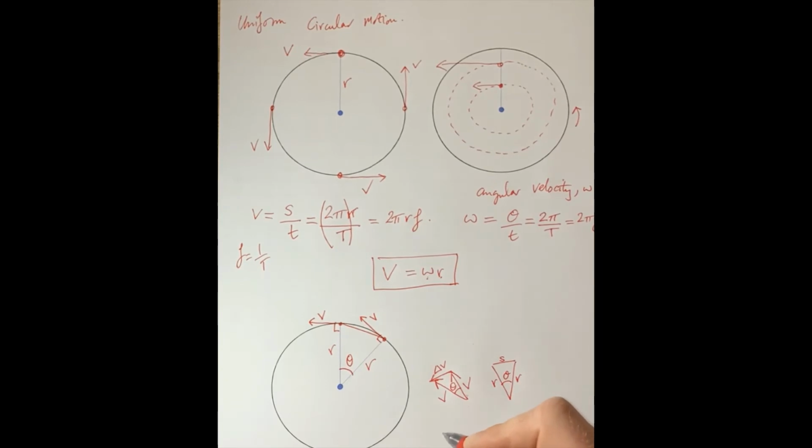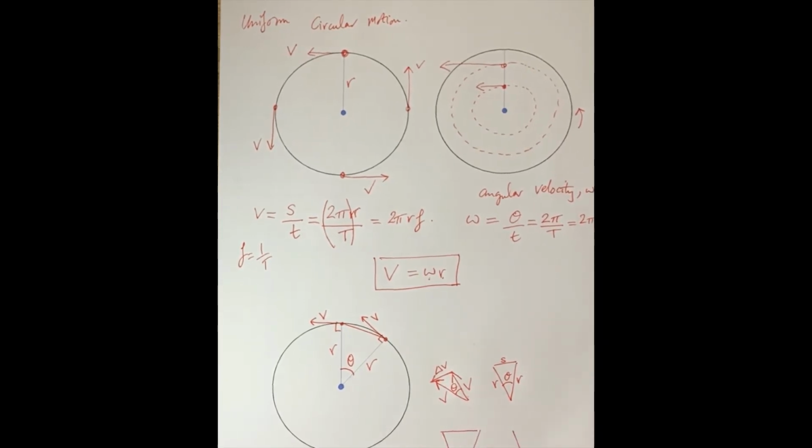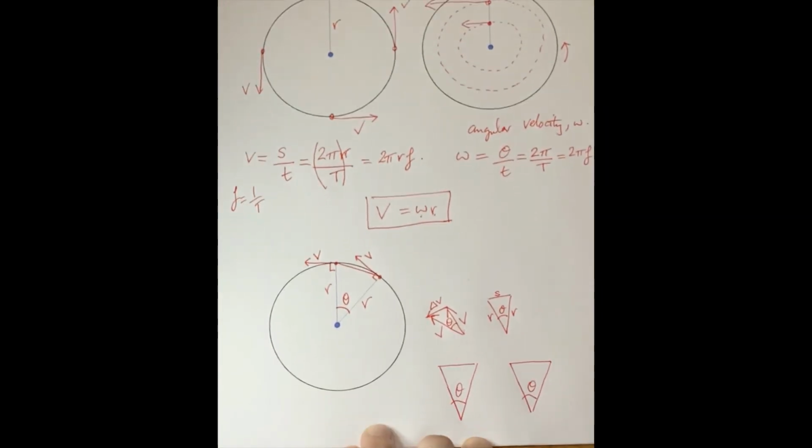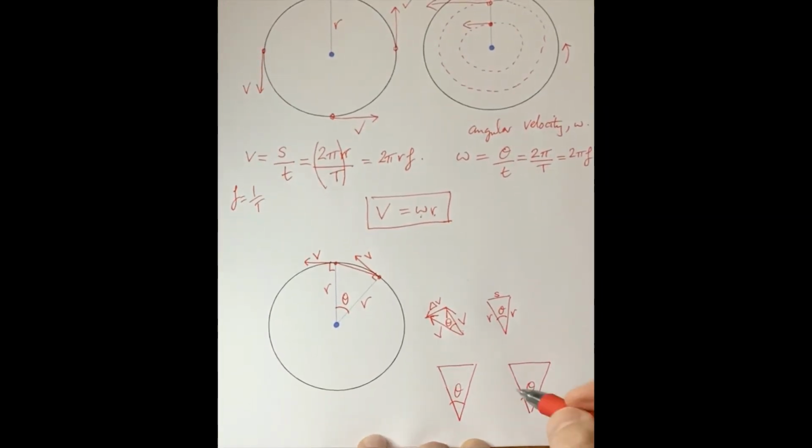Let me just draw these much clearer. Each have angle theta, and this went from this velocity to this velocity because of a change in velocity, and this is radius r, and displacement s.